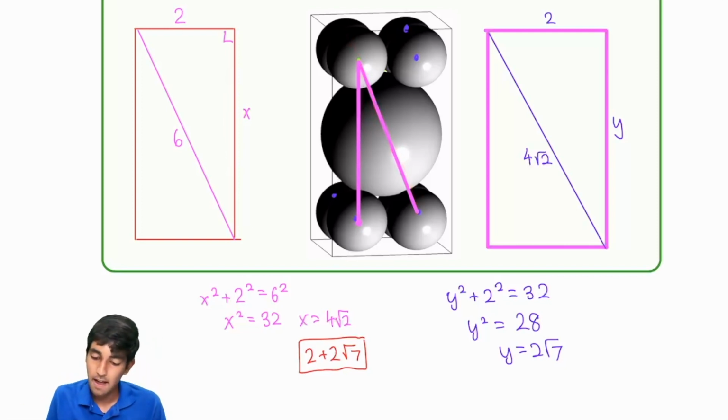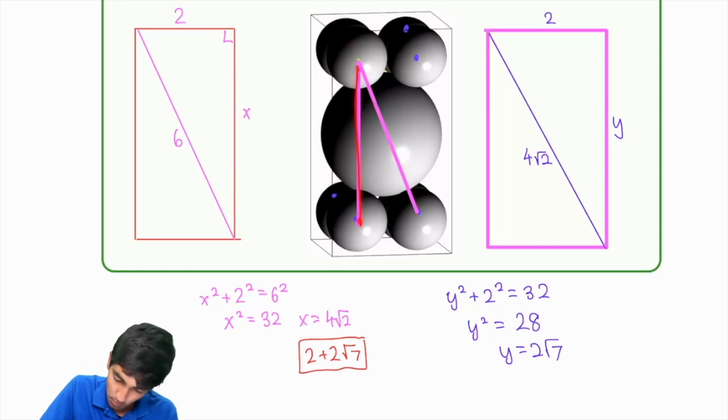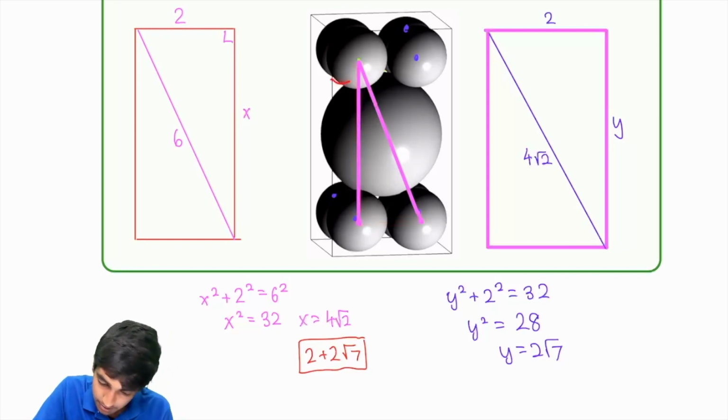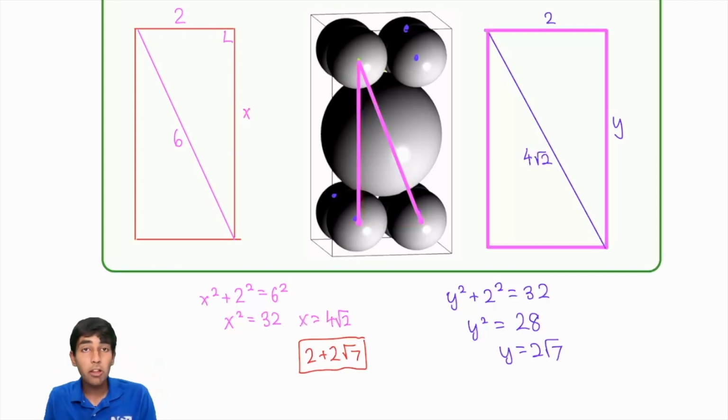And then we let this distance be y, and using Pythagorean theorem again, we found the value of this distance here. From 2 and 4 root 2, we can find this, which is almost the height, but there are 2 extra little ones here. So then our answer is just 2 plus 2 root 7, and we are done.